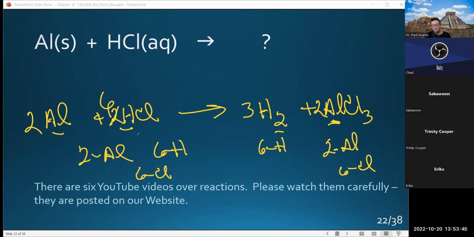I started off first by putting a 2 in front of HCl to balance my hydrogen. And then from there, it kicked off my chloride, so I needed to find a common number, which was 6, because I had a 2 to 3 ratio difference there, right? So very analogous to what we've been doing before, so I kick it up. Now in the past, this could have been more recognizable when you had a diatomic chlorine, and I could have put a 3 over here, and that balanced at 6, but it's not the case.